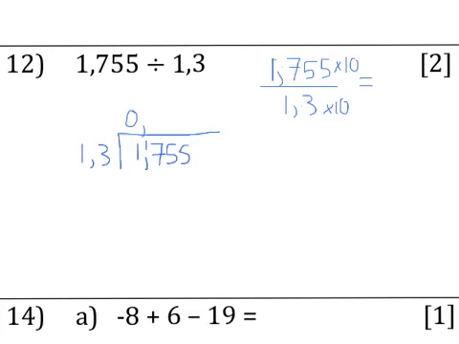The decimal moves to the right, so the denominator is going to become 13, and the numerator is going to be 175,5. Now, it might seem a little bit strange why I'm doing this, but one of the reasons is that the mental maths in the short division method is going to become a lot more straightforward, which will help me solve the problem. So now my divisor is 13, my dividend is 175,5.